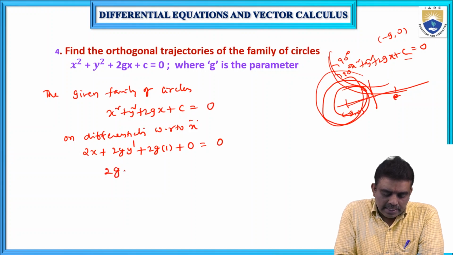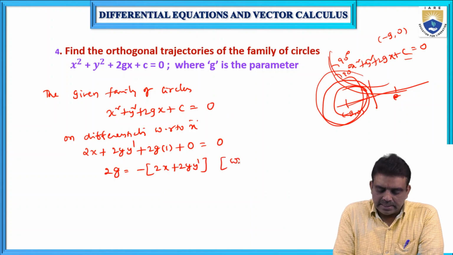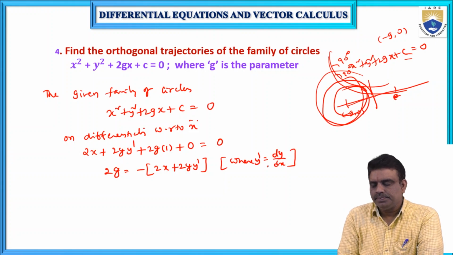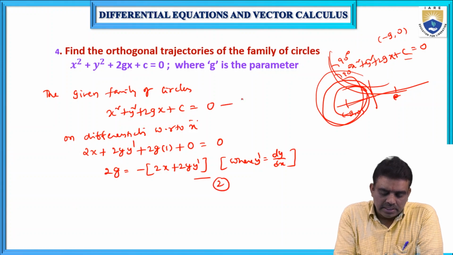Or 2g is equal to minus of 2x plus 2y y dash, where y dash means dy by dx. Call this equation number 2, and this is equation 1.